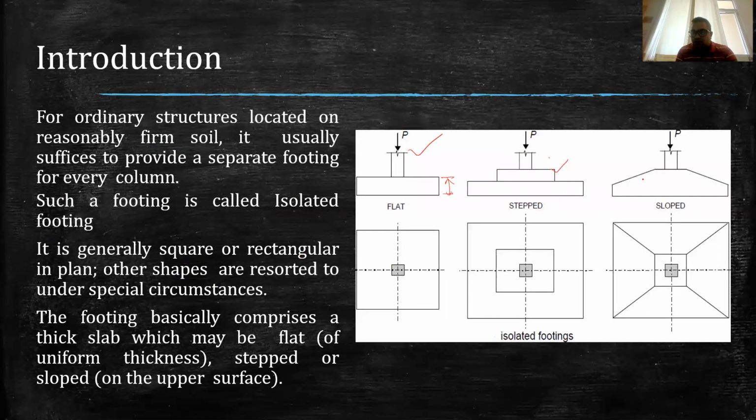And sometimes for economical purposes, we design sloped footing as well. This sloped footing depends on the bending moment variation. But in our course, we will be mainly focused on the uniform thickness footing. We will design this footing with uniform thickness.